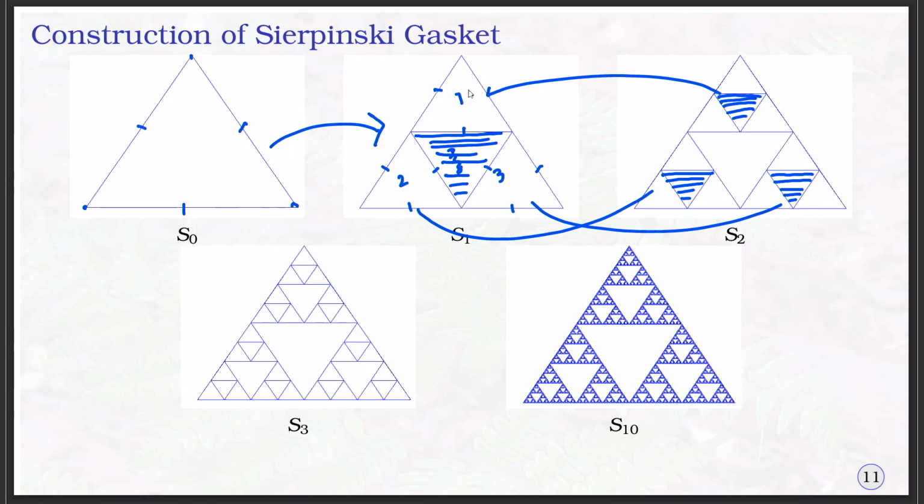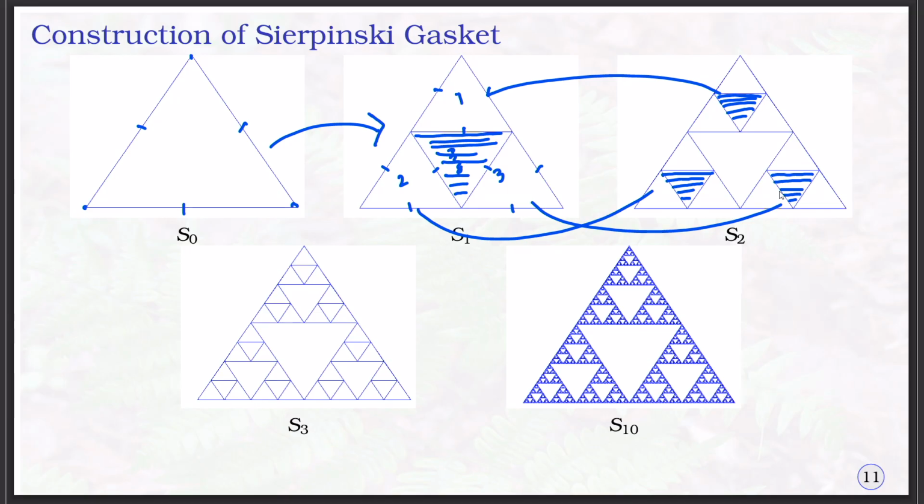So, from the first step to the second step, by removing the interior of the middle triangle without the boundary, we are getting 3 triangles. In each triangle we are dividing the sides into 2 equal parts, joining the midpoints and removing the interior without the boundary, and then we obtain the next step.